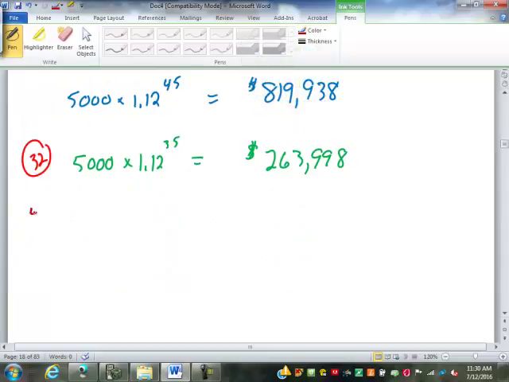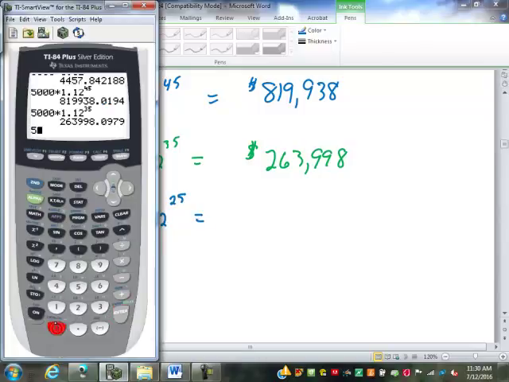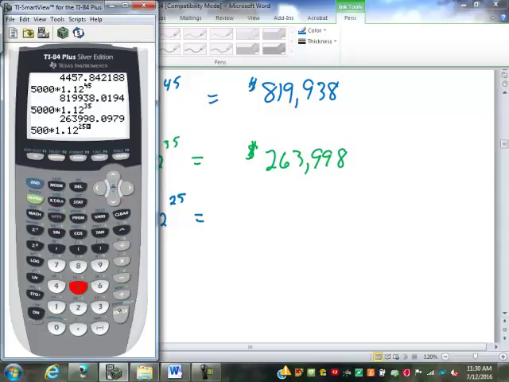Now let's say you really screw up. You get to be my age. I am 42. And then you put away that $5,000. Now we only have how long? 25 years. I don't even want to hit equals because it's going to make me cry. I got a zero I got to put in there.